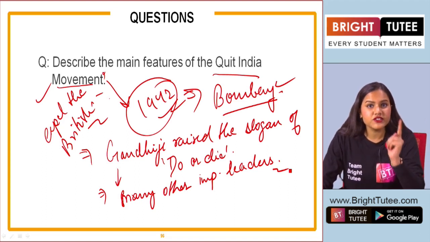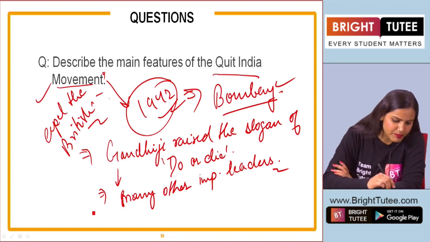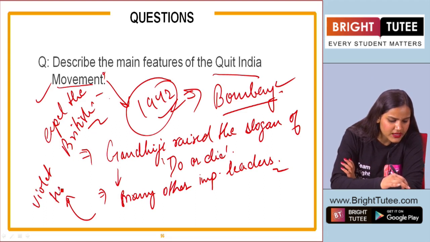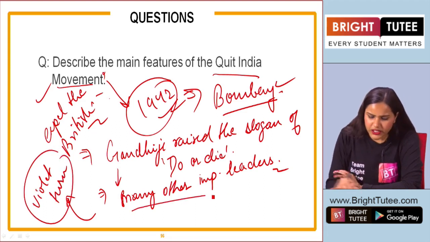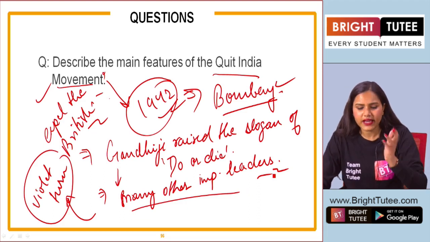But in due course many local leaders in different regions participated, and the movement took a violent turn. See, I am mentioning the keywords here, students. You have to form the answer like I am telling you.